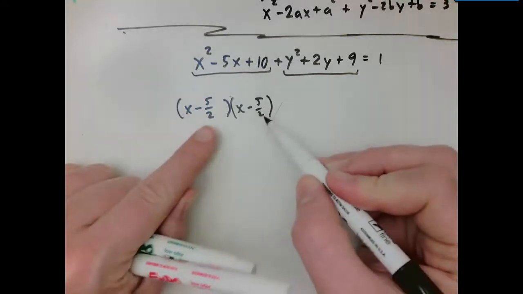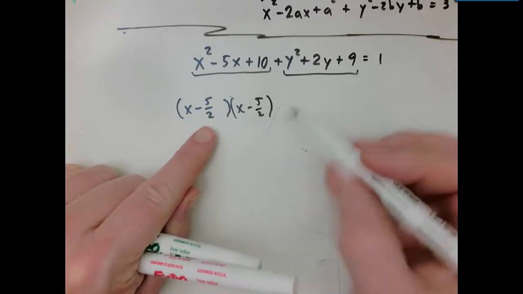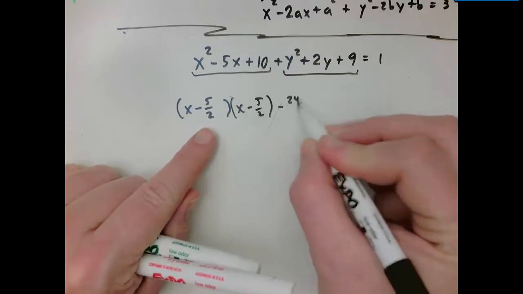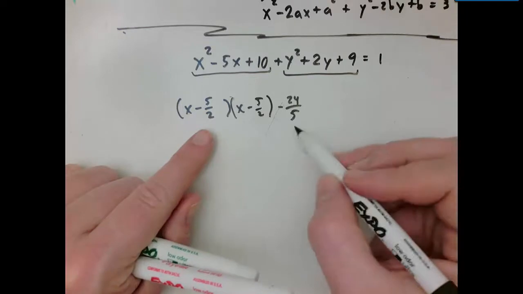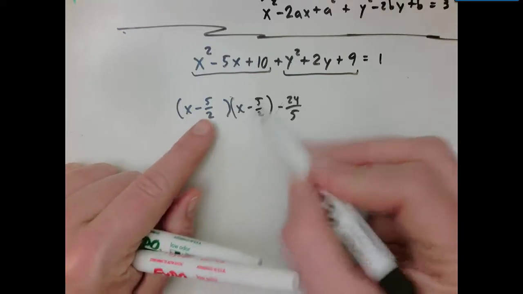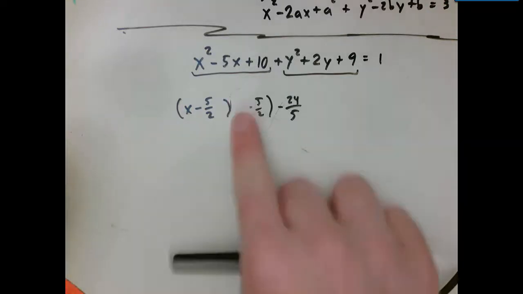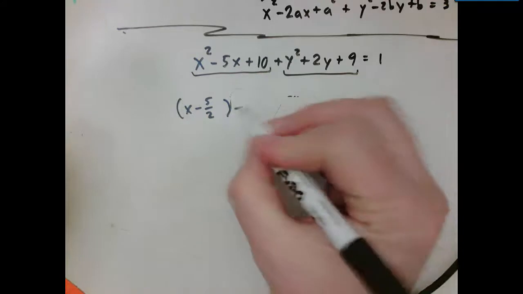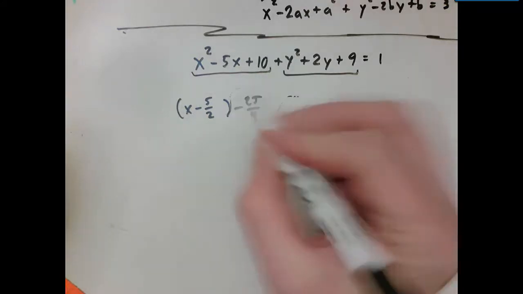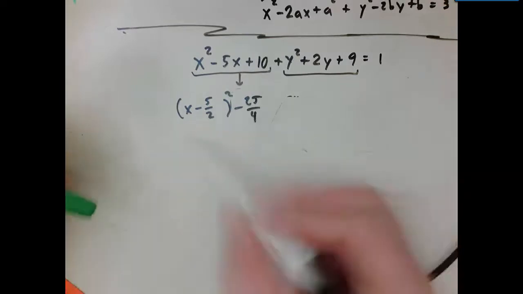Then I'll have this extra plus 25 over 4, so I'll subtract 25 over 4 to compensate, to subtract away the extra amount that I'm adding when I multiply those two terms on the outside. Okay, so now I've completed the square for the x.